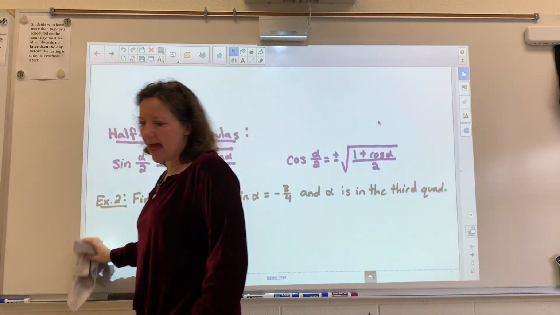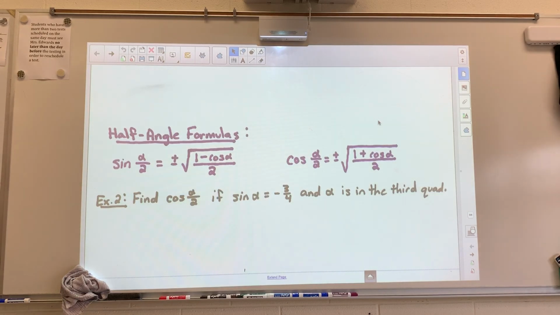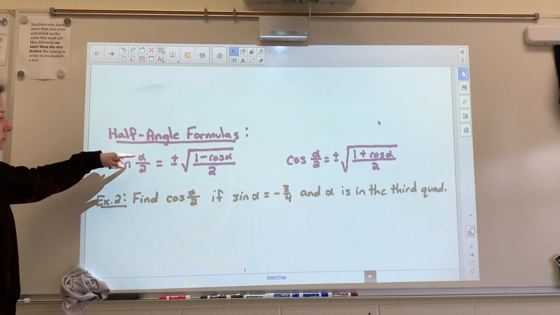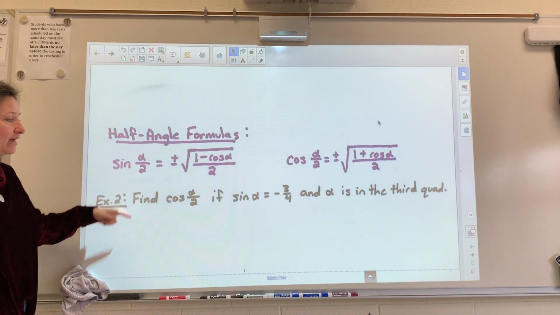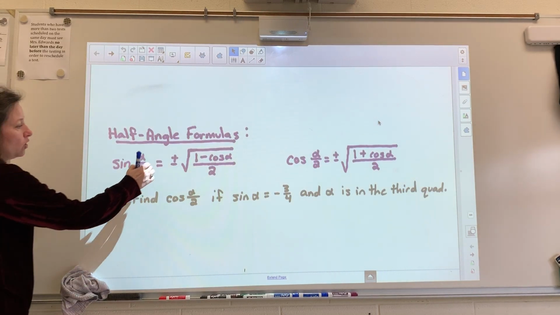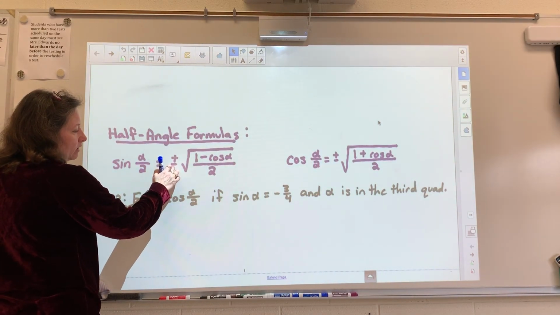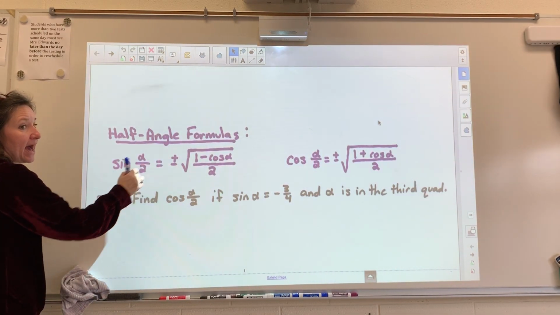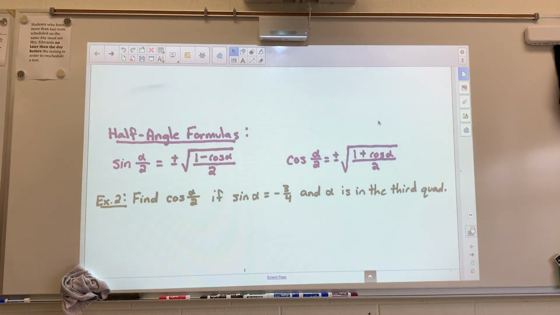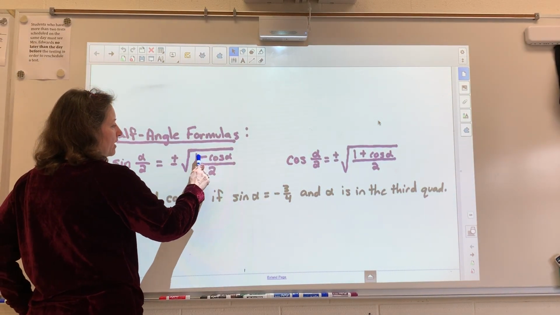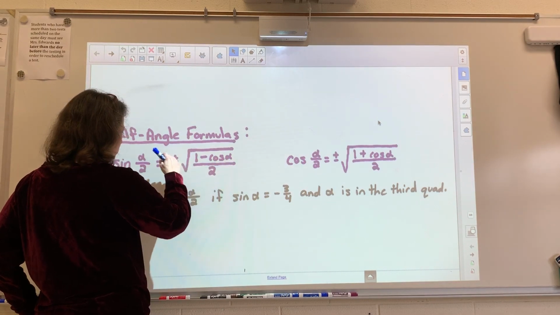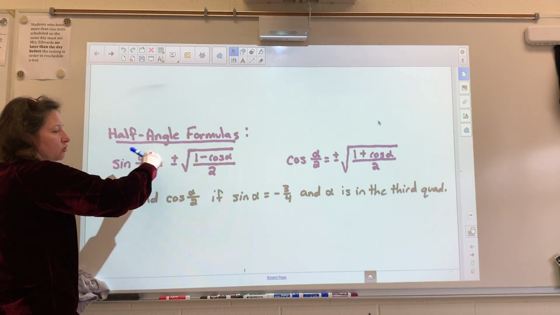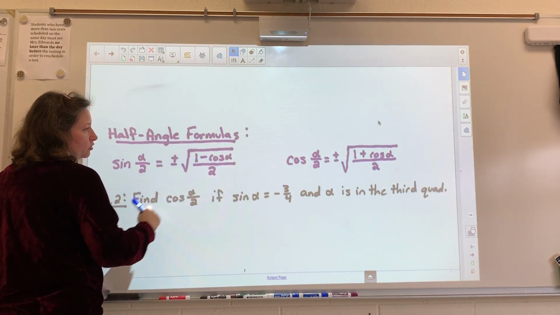Okay, so the half angle formulas, we know that sine of alpha divided by 2, notice we're dividing by 2, we're taking half of that angle, is equivalent to positive or negative, and when we do a problem, we're going to talk about how to determine if it's positive or negative, the square root of 1 minus cosine alpha, so whatever is being divided by 2 goes here, all over 2.